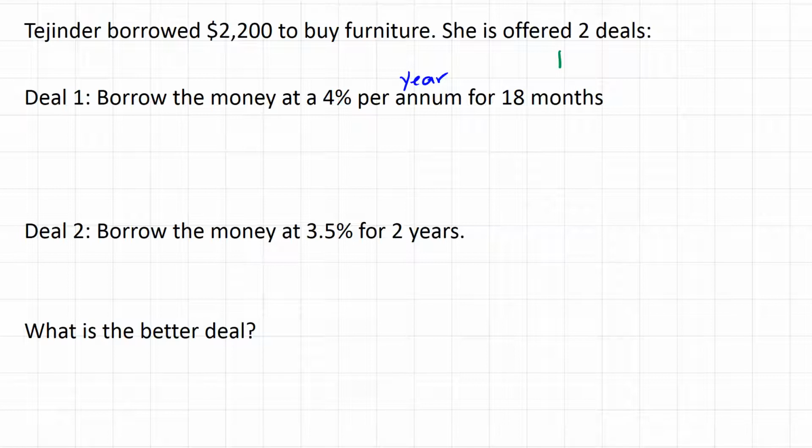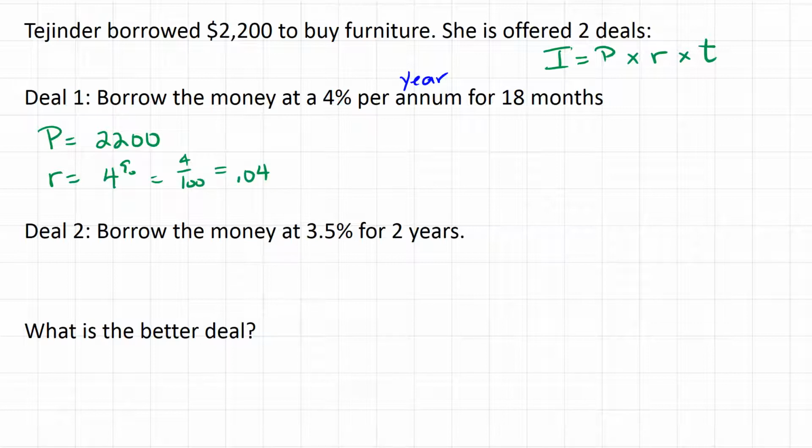And remember, interest equals P times R times T. So in this case, the principal is $2,200 and the interest rate is 4%, which is 4 divided by 100 or 0.04. And the time in years, it's 18 months, which is 1.5 years, which you can calculate as 18 divided by 12, which is 1.5 years.